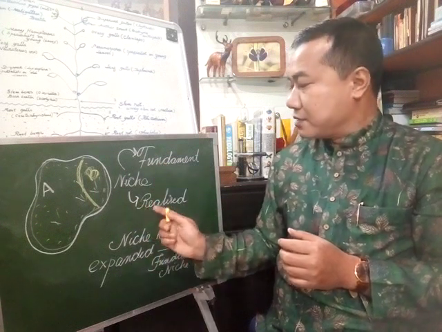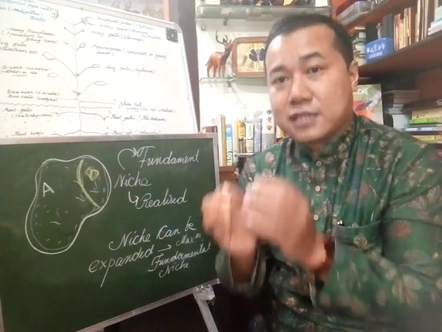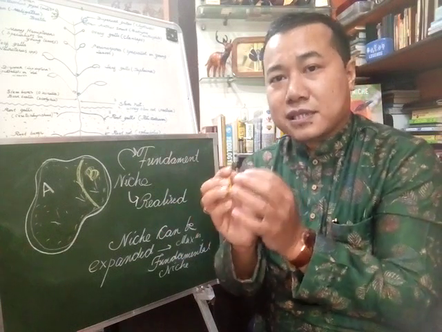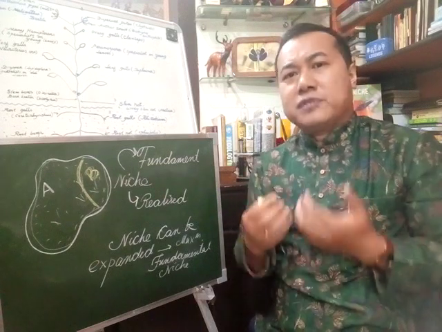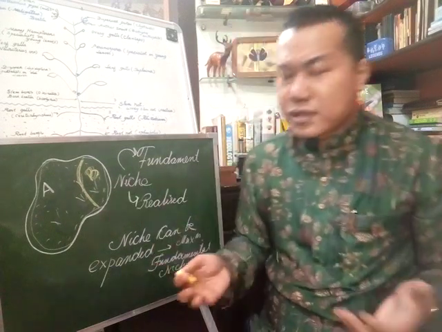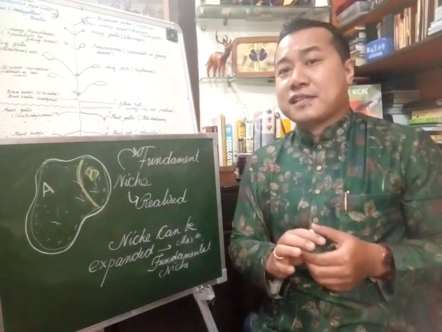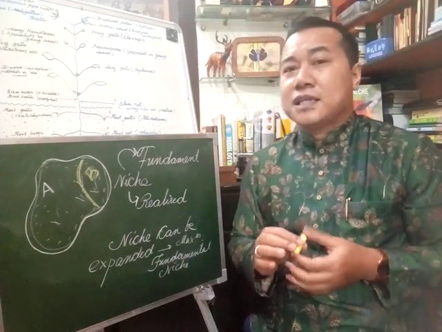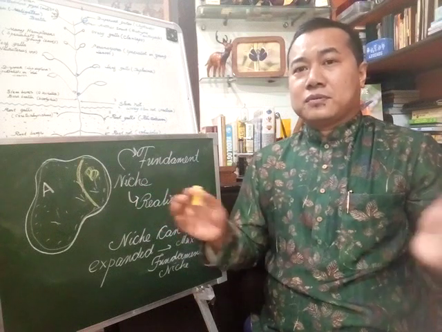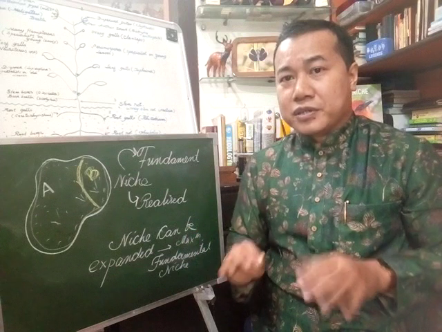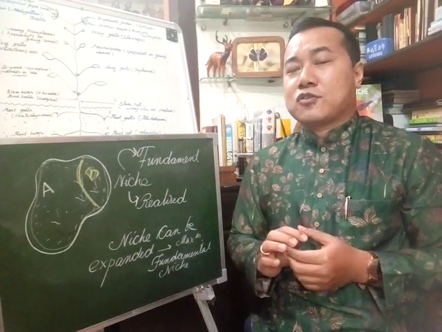And the ecological, the realized niche, is the niche that an organism is playing at that particular point of time. I'll give you a very crude example, which you should not give in your exam, just to understand the concept. In this particular room that I am occupying right now, many others can also occupy it.